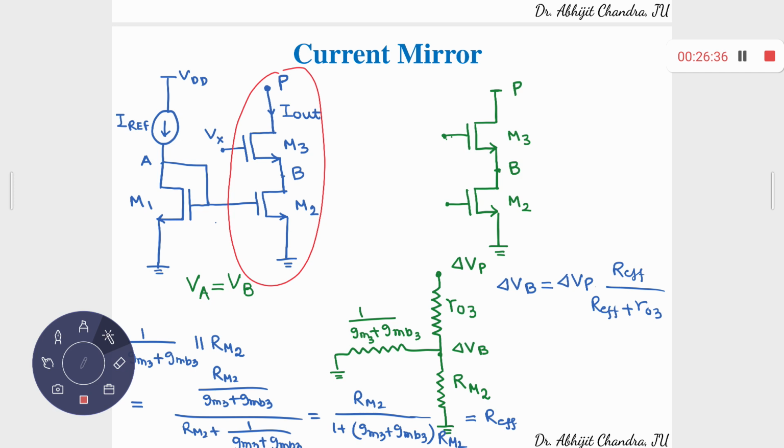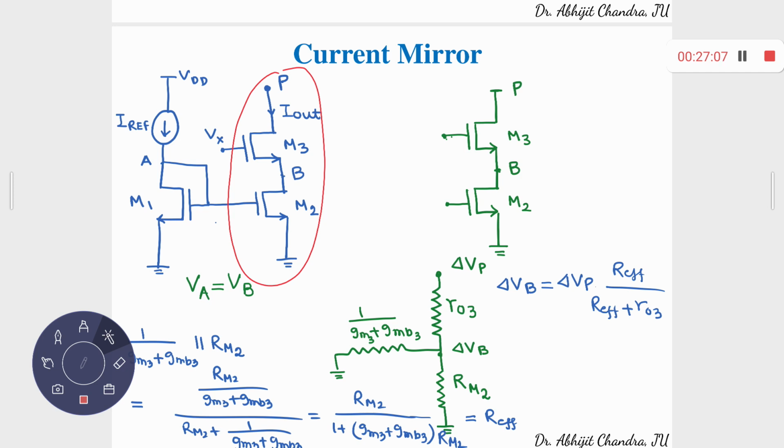And then from B to ground, because whenever you go for the small signal analysis, this is held at a constant voltage, that means this is equivalent to AC ground. So you have another 1 by Gm plus Gmb from this point to ground, and apart from that the resistance of this particular MOS, say let it be Rm2.